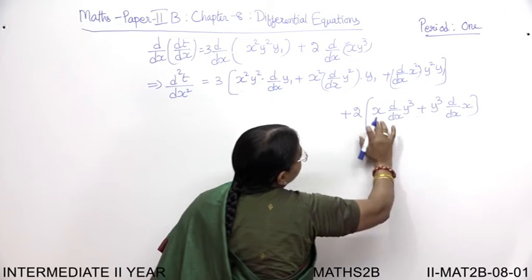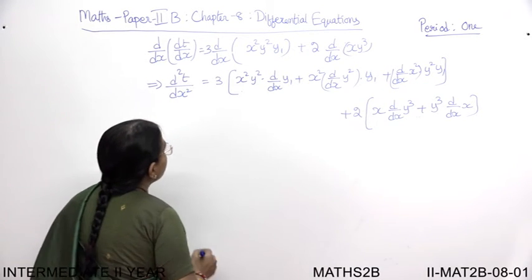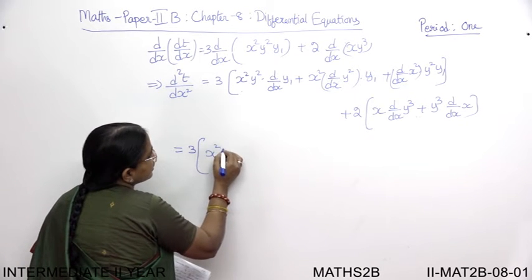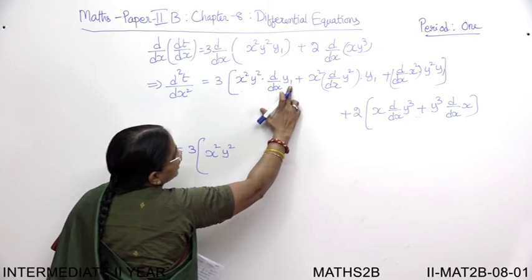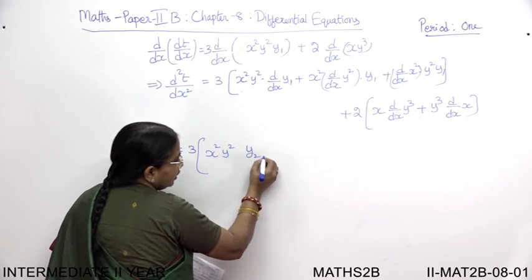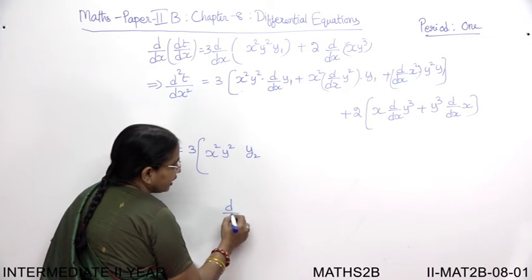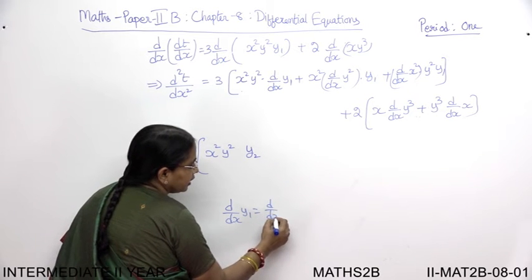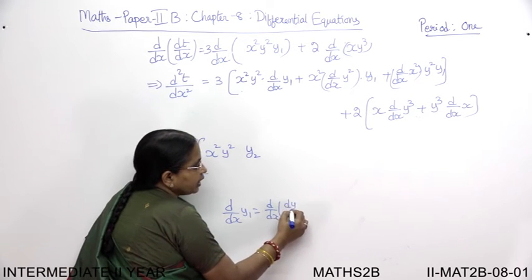So it is equal to 3 into, now see how it is written, y square into the derivative of y1. The derivative of y1 is y2, which means d by dx of dy by dx.